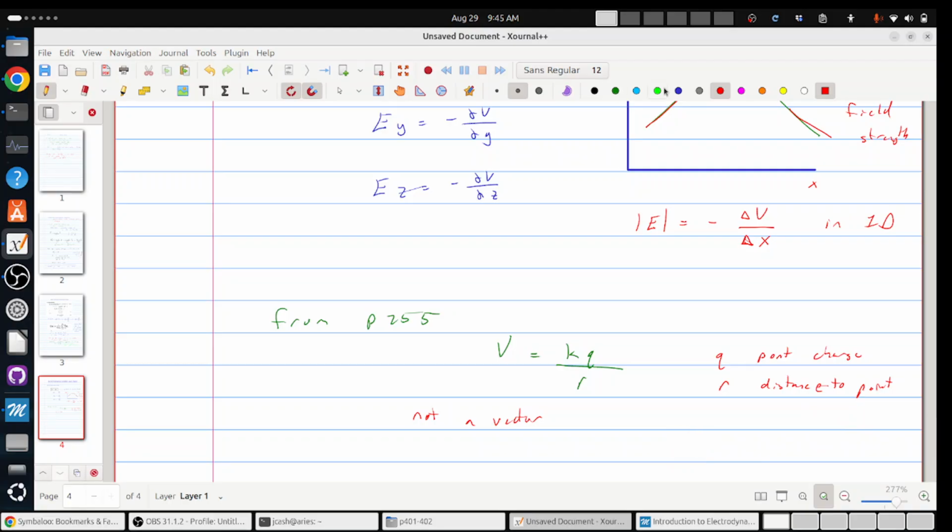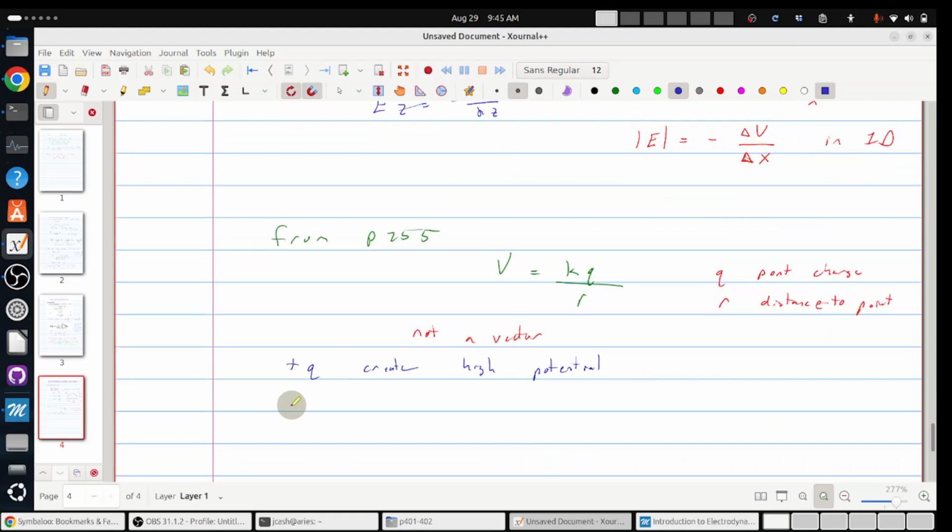And further, we saw things such as positive charges create high potential, and negative charges create low potentials.